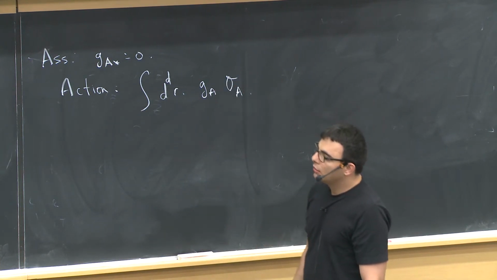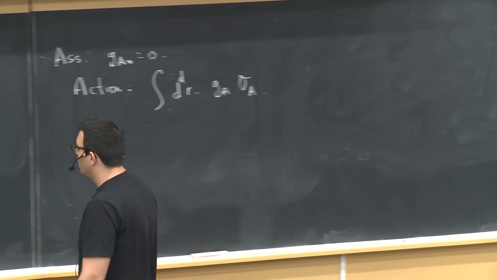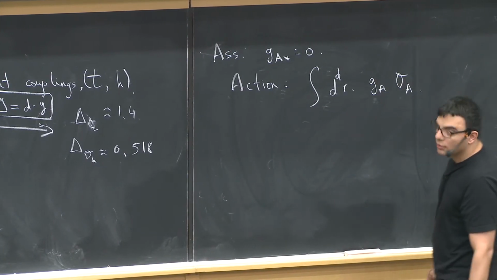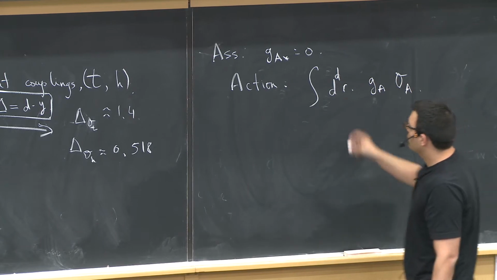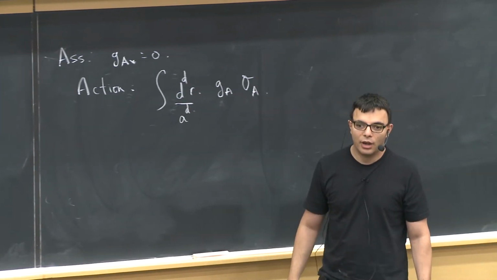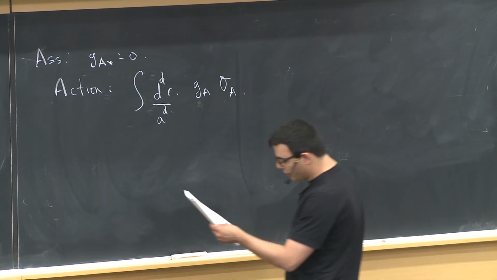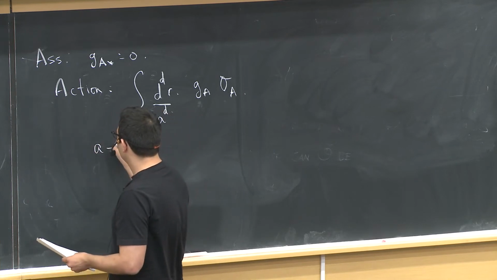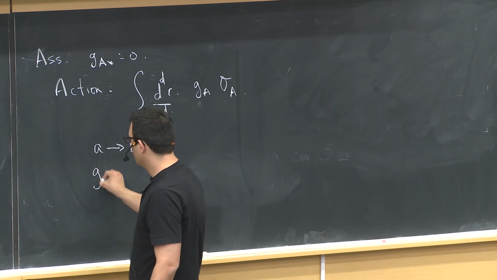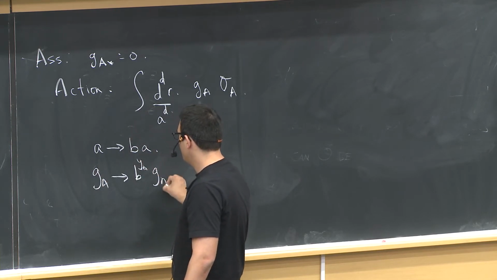And one way to understand this relation, delta is d minus y, is to think about the coupling as being dimensionless, the operator as being dimensionless. So then in order to make this equation correct, we have to divide it by a to the d, where a is the UV cutoff. And then under the RG transformation, a goes to b times a. g_a, close to the fixed point, goes to b to the y_a times g_a.